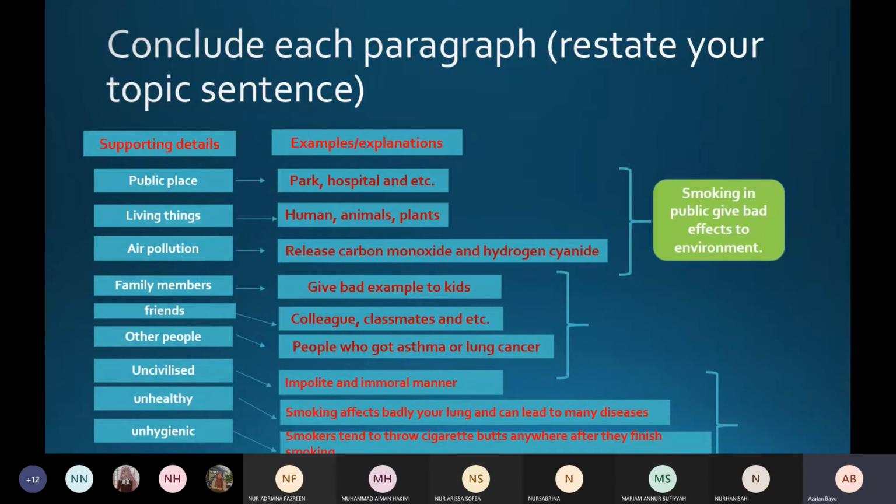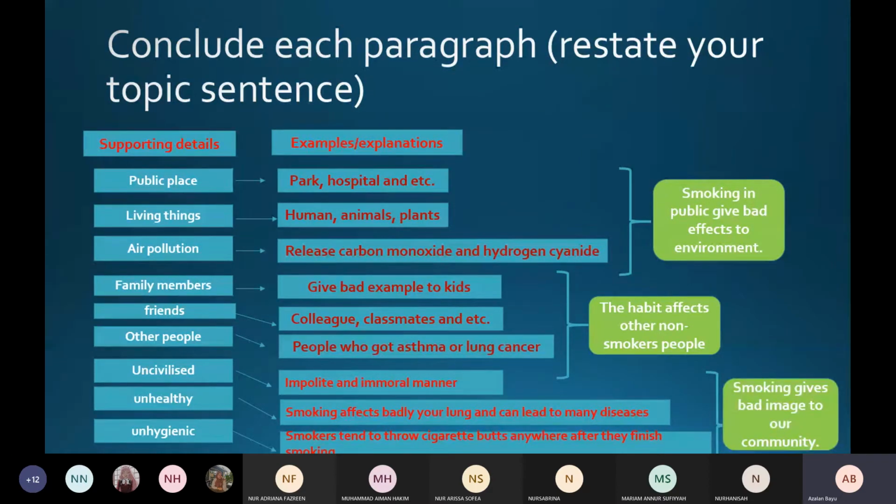Alright. So the last sentence in the content paragraph 1, I'll say smoking in public gives bad effect to environment. Second paragraph, the habit affects other non-smokers. And last, smoking gives bad image to our community. Alright.